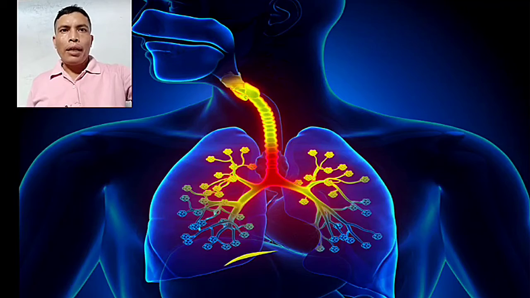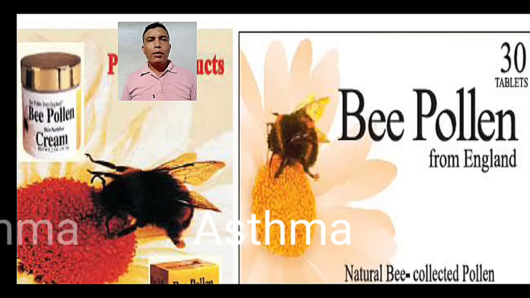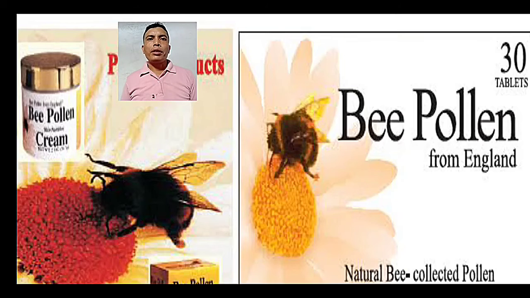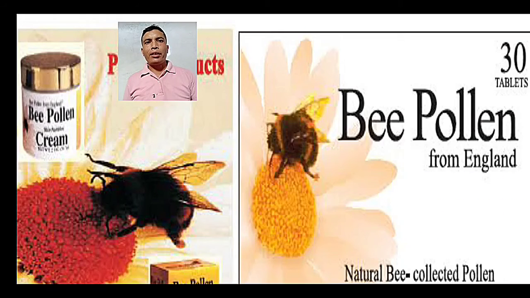As we know, pollen grains have many advantages. Pollen grains can also be used as useful products like pollen food supplements. Due to richness in nutrients, pollen tablets are being made. Many types of pollen tablets and syrups are available as food supplements in Western countries.